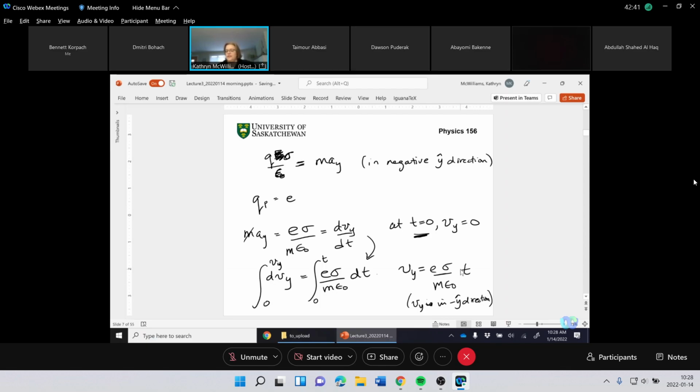So this is very similar to what you've done for projectile motion, firing things out of cannons off cliffs or whatever you do in your dynamics class. But in this case, the force comes from the electric force, so that's what's giving us the acceleration.